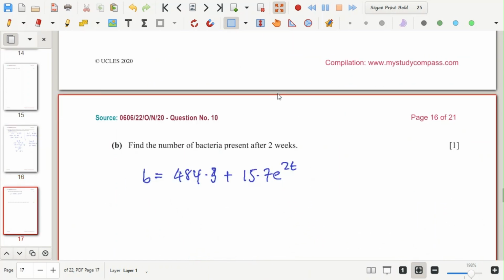I should find the number of bacteria after 2 weeks. So when t is 2, that's what they are requesting.